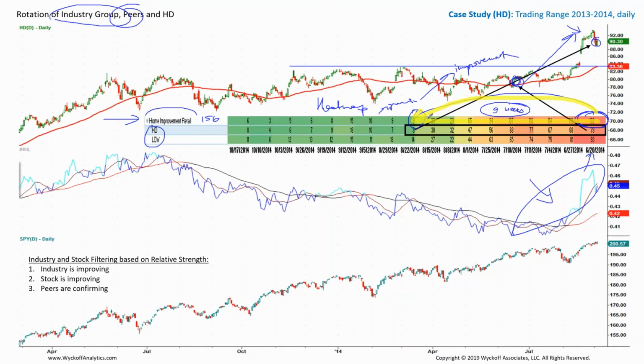But I want you to think about a heat map from a different perspective. When we look at the heat map, we usually would look at two numbers. We would look at the top performers, and then we would look at the rotation. So usually the top performers would define the stocks in the uptrend.